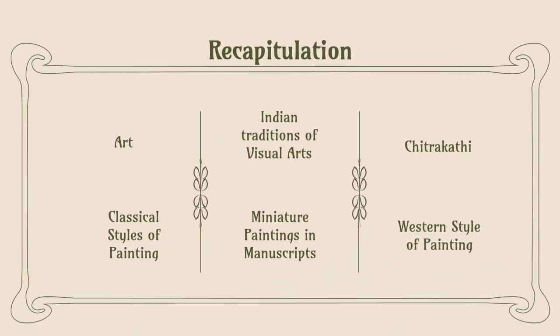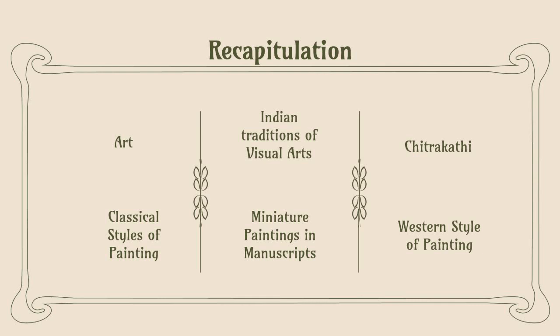Well, students, let's have a quick recap of all the things we learned today. We looked at the meaning of art and the different types of art, that is, the visual arts and performing arts. We looked at the first type, visual arts, under which we looked at folk styles of painting, which included Chitrakati.